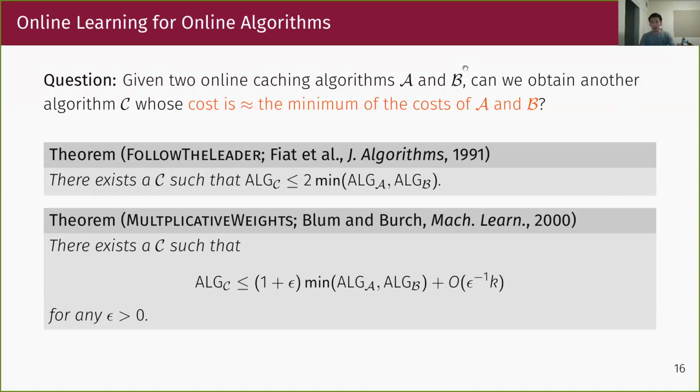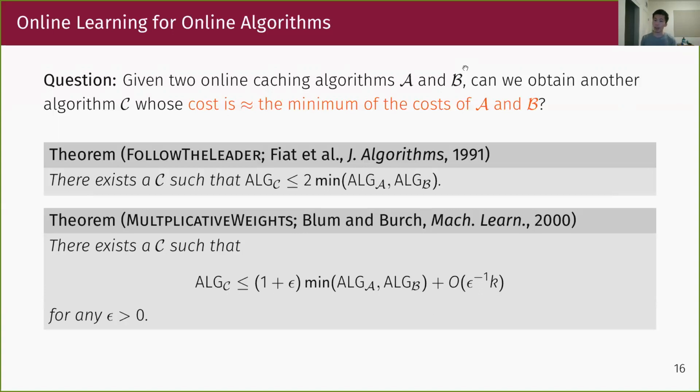Blum and Burch a few years later showed that you can actually get arbitrarily close to the minimum while taking an additive hit in the cost using multiplicative weights. And so with a sufficiently small learning rate, you can get arbitrarily close to a 1 approximation.